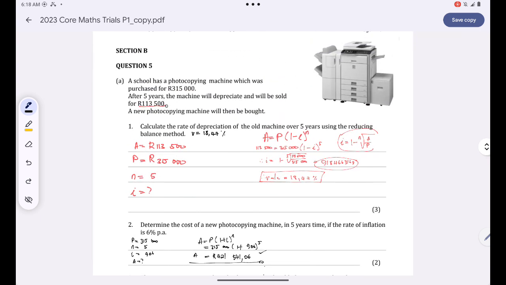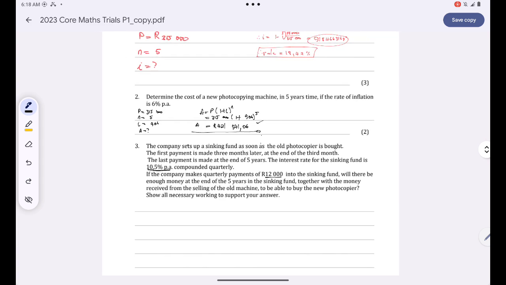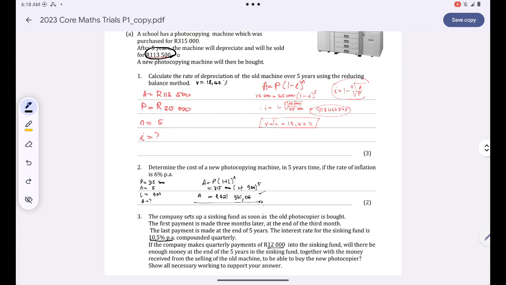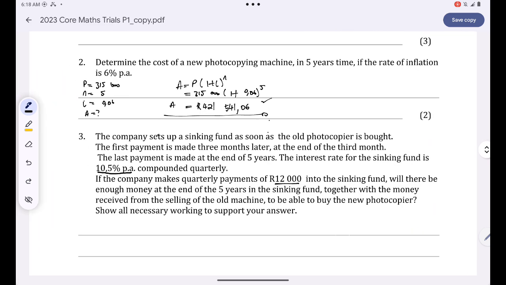we will receive whenever we sell this old machine of ours, the sum of the sinking fund plus the money we will receive by selling the old machine, will it be greater or equal to the value of a sinking fund? Because we will be able to buy a new photocopier if ever the total amount in future is greater than the price of the new machine.